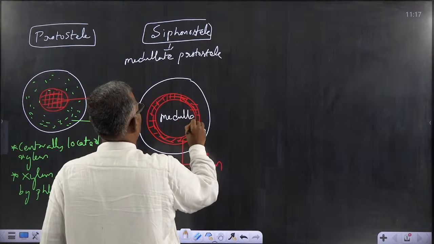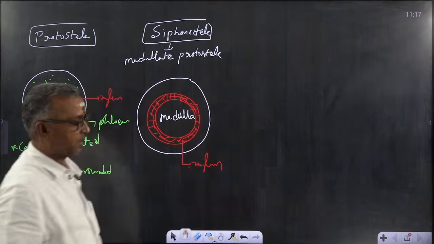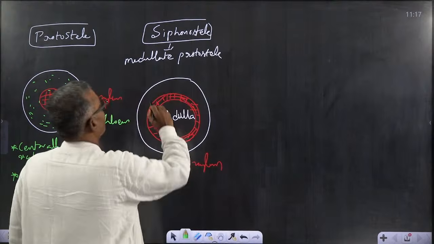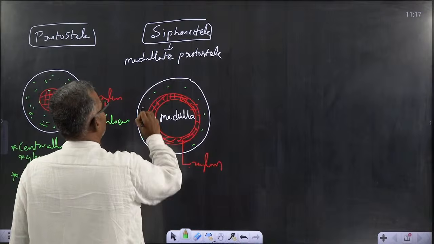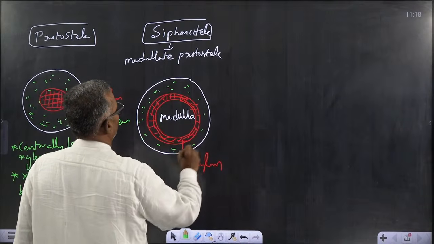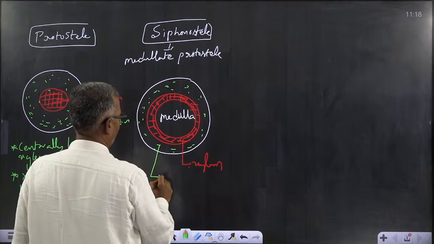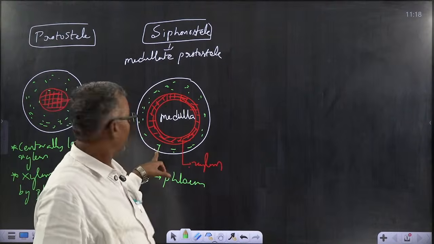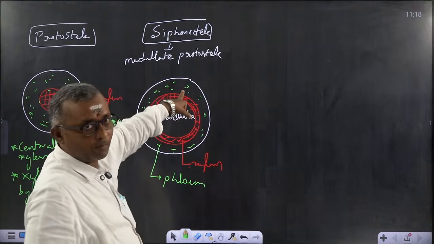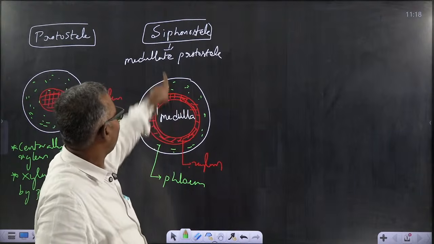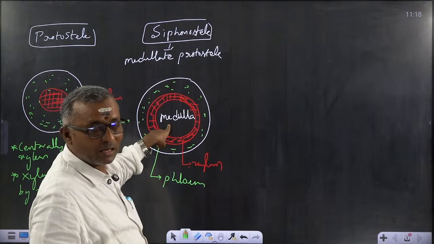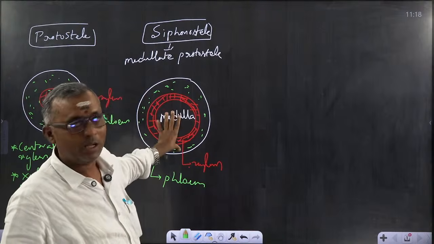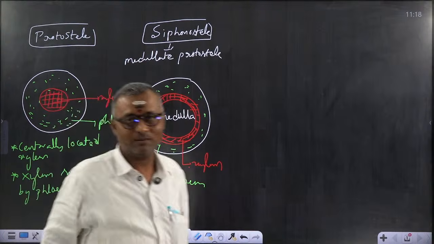Medulla is nothing but pith. You already came across in our anatomy syllabus in the first year, right? So this is phloem. So here also the same thing is there, like the xylem is surrounded by phloem, but in the center there is a medulla. As this protostele has a medulla, it is called siphonostele.